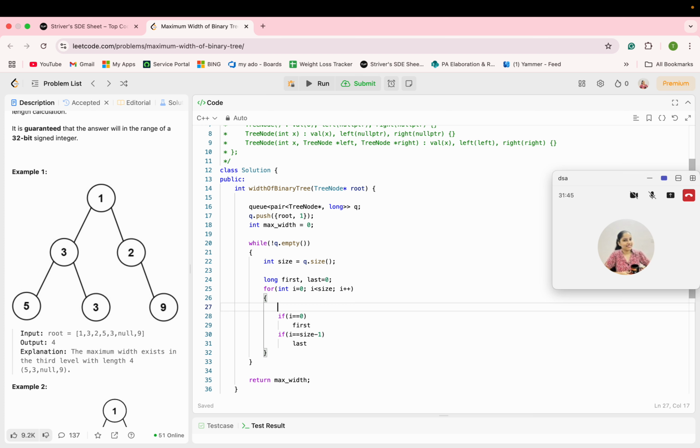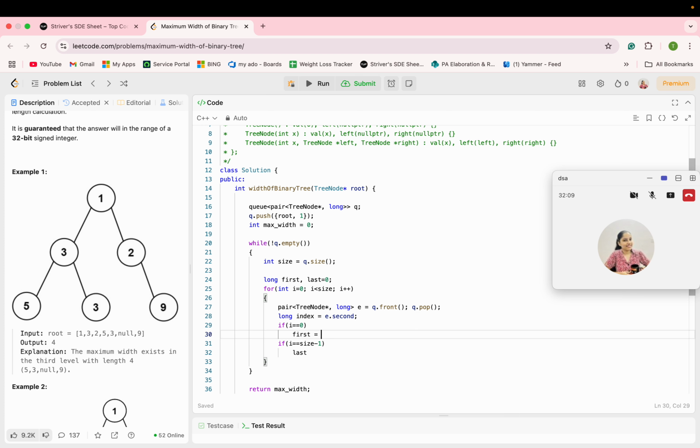Let us find out the front. So front will be a pair of 3. We can also take auto, and long, let's say call it e, which is q dot front, and we will also simultaneously pop it out because that will make this queue stale. So long index is going to be e dot second.